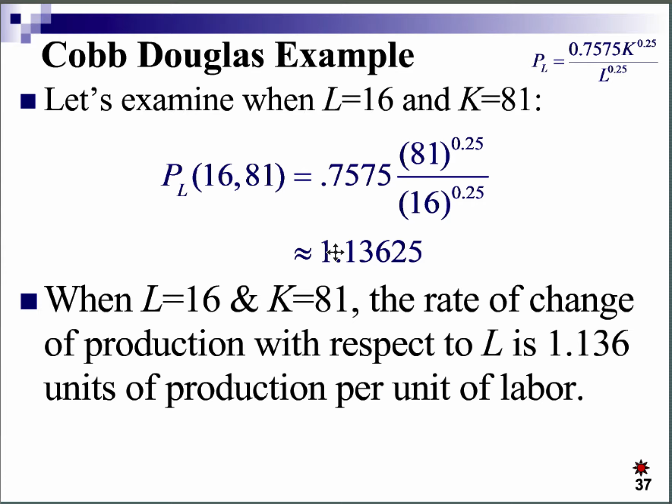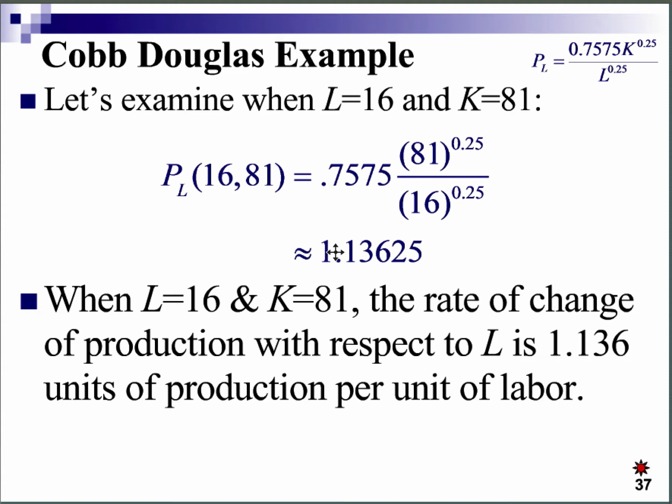So when L is 16 and when K is 81, when 16 units have been invested into labor and 81 units invested into capital, then production is changing at the rate of 1.136 items per additional unit of labor invested.